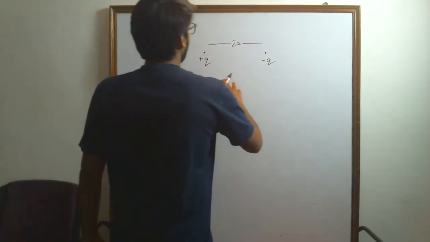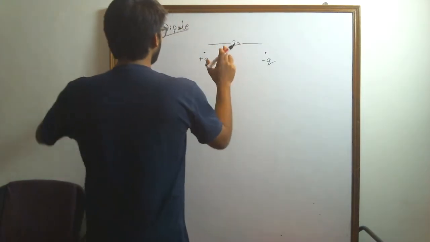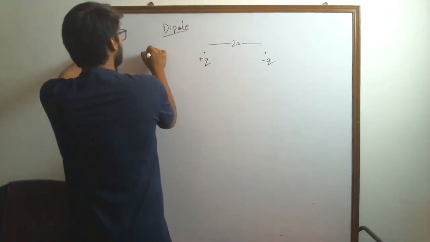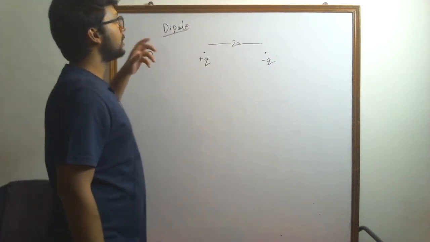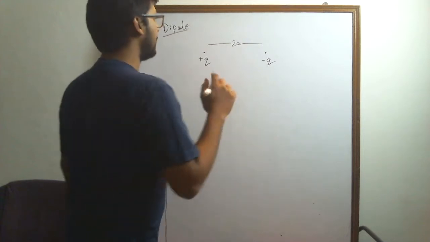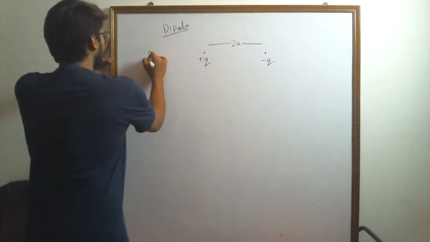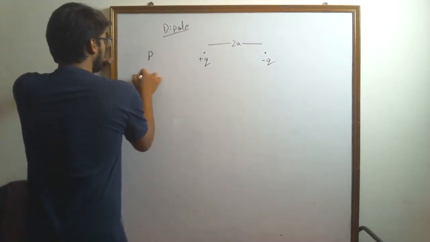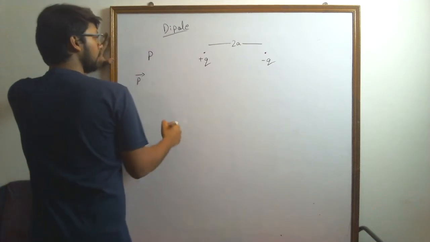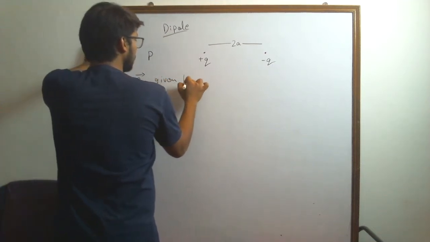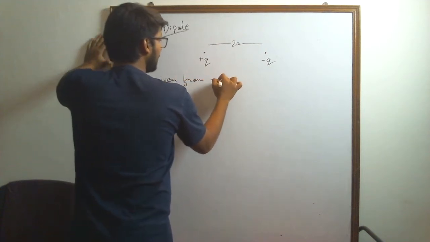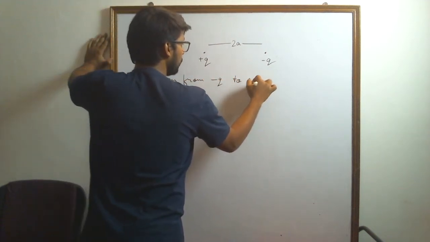Now, usually we denote a dipole by the symbol P, right? A dipole is also given a direction, and the direction of P, that is the direction of the dipole, is given from minus q to plus q.